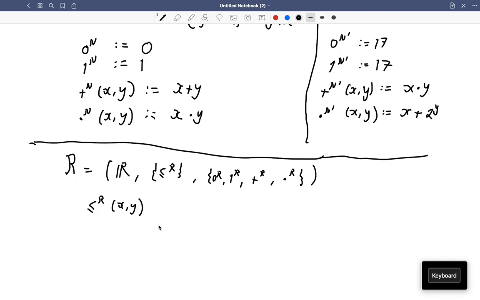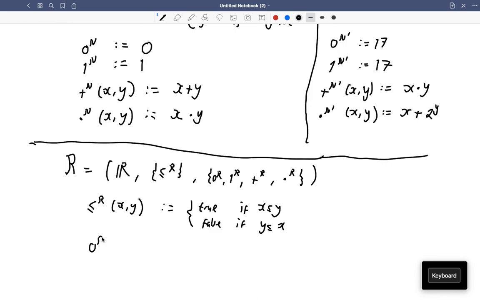We say that the interpretation of the less than or equals relation when applied to x, y is going to be true if the real number x, because x and y are taken from the underlying set, which is now the set of real numbers, is less than or equal to the real number y, and false if y is less than x, and so on with interpreting the function symbols.